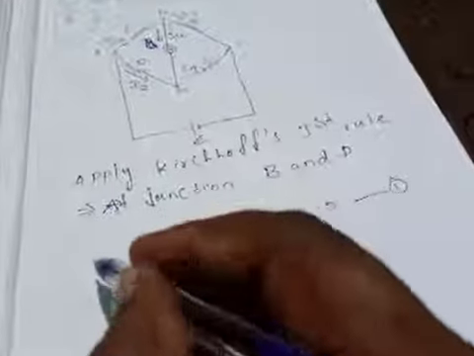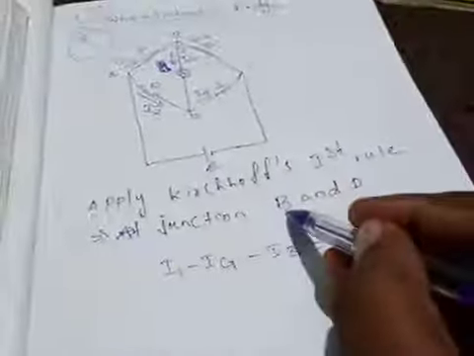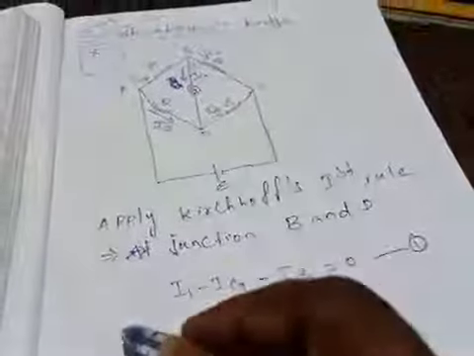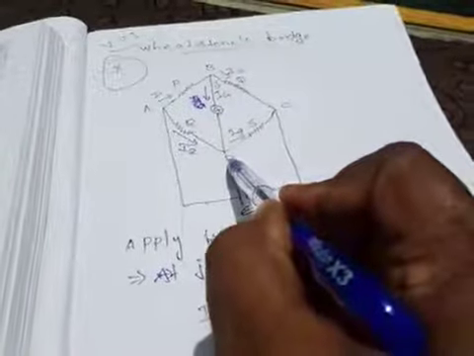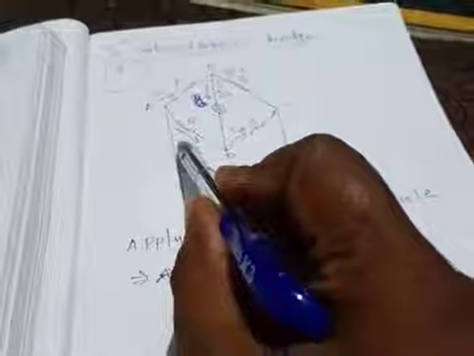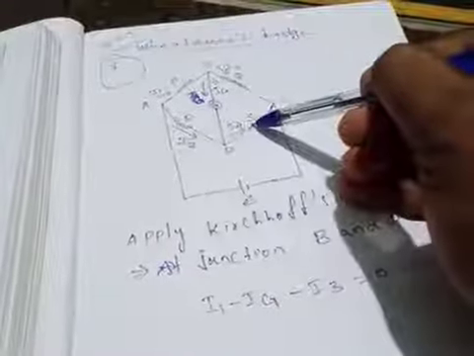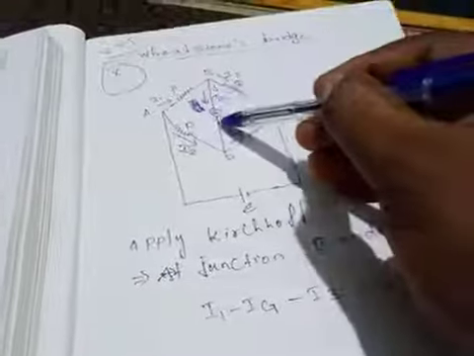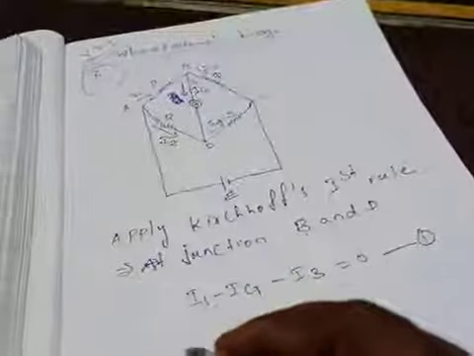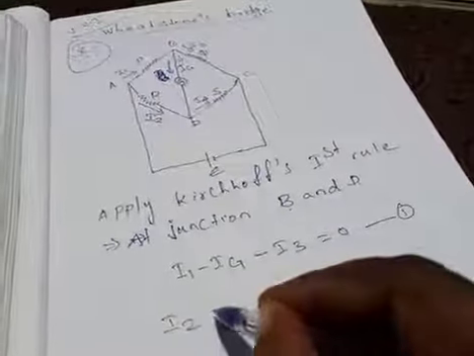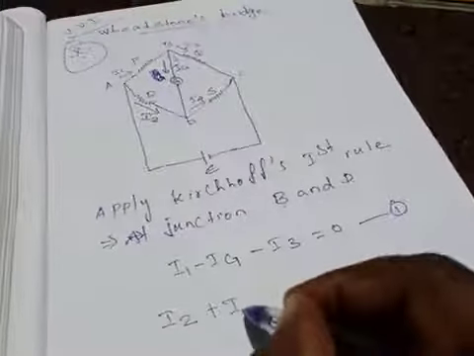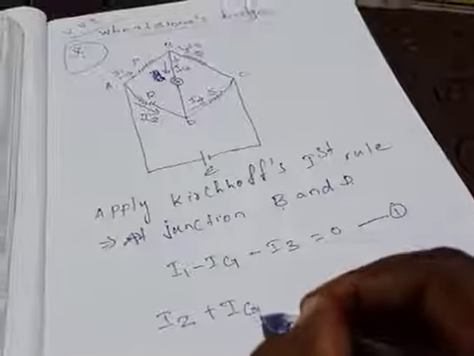Now this was at junction B, then at junction D. So take D as this junction. Towards the junction I2 is there, away from the junction I4 is there, towards the junction Ig is there. So I2 is towards, so plus I2, Ig also towards, so plus Ig.